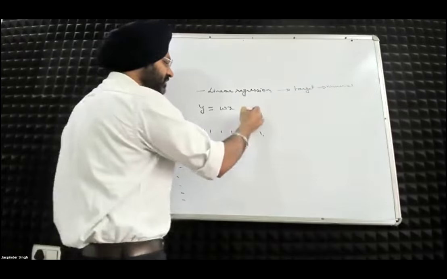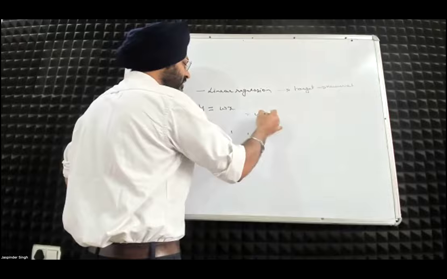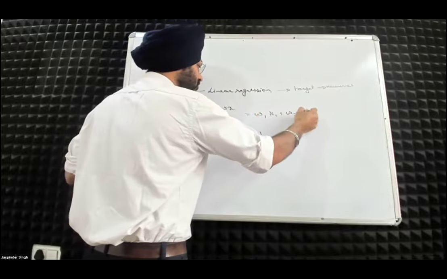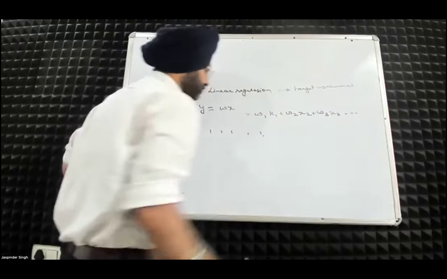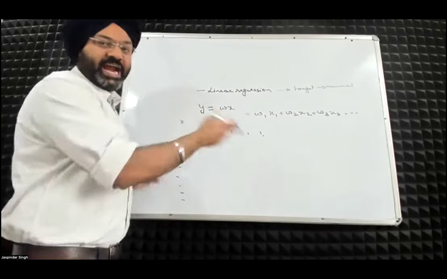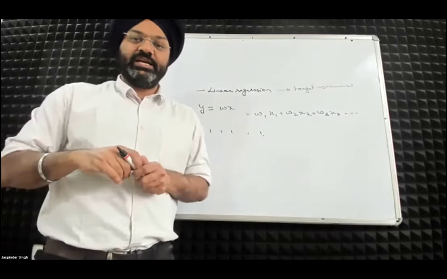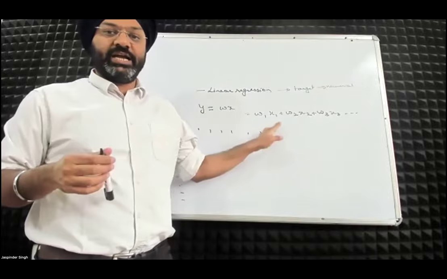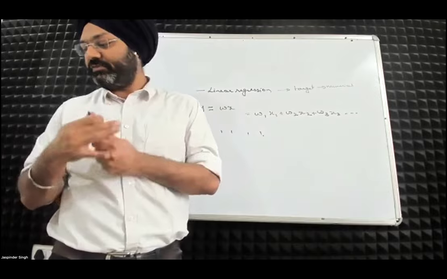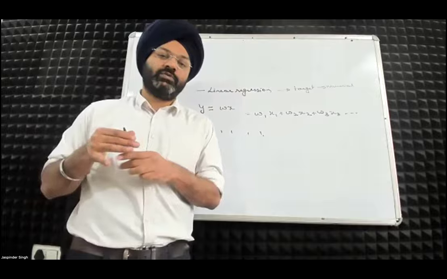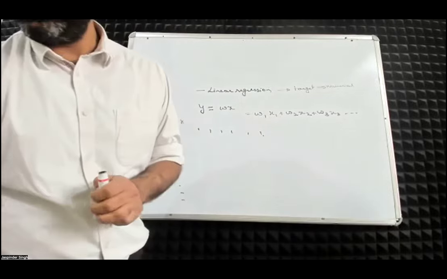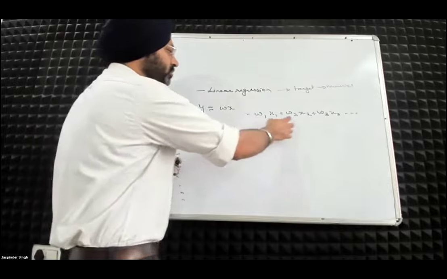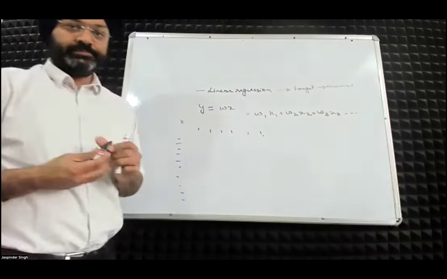If I have these features as x1, x2, x3, so on and so forth, then we have w1 x1, w2 x2, w3 x3. We are trying to find out the weights of each and every feature that we have. We are trying to guess what will be the weights of all these features. Basically, we are trying to find the w1, w2, w3 over here.